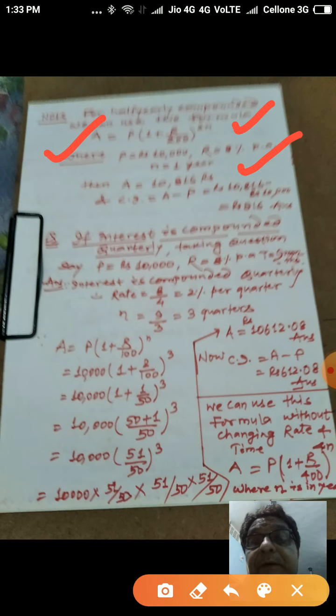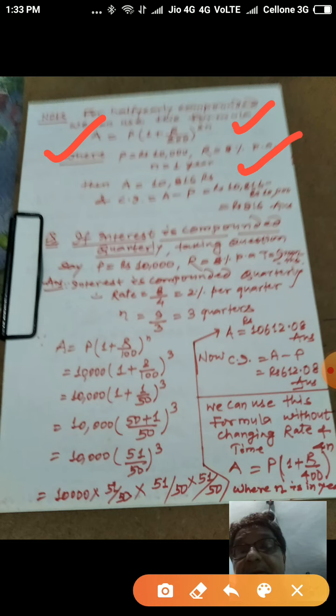If you put in this formula and calculate, you will get the amount and compound interest in the condition when interest is compounded half yearly. Okay, students. You can verify this by taking the same example, whether the answer comes or not.